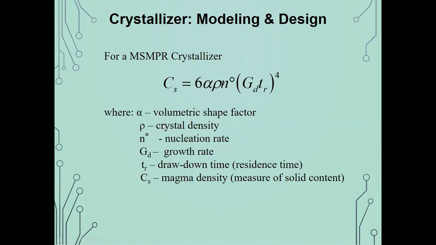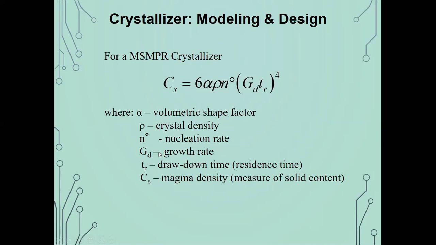Now, the formula that you are seeing here determines the magma density, which is a measure of the solid content, and it's represented here as C sub S. And you have alpha as the volumetric shape factor, the crystal density as our rho, and the N naught, the nucleation rate, the G sub D, the growth rate, and the T sub R, which in crystallization is referred to as the drawdown time. It's the time wherein your magma is ready to be released because the size of the crystals that are formed are already within the specifications or the objective of the whole crystallization process.